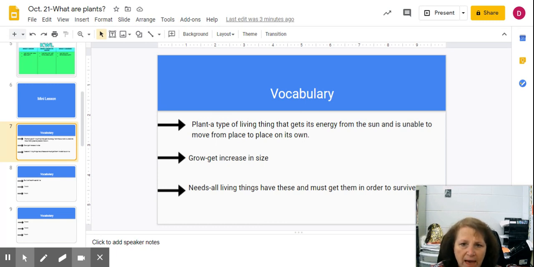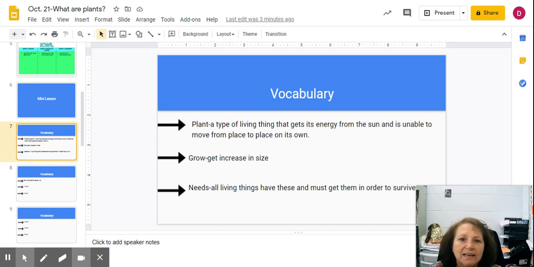Let's look at some vocabulary. Plant: a type of living thing that gets its energy from the sun and is unable to move from place to place on its own. It is a living thing, but it doesn't have legs, so it can't just move across the room. Someone has to physically pick it up and move it.